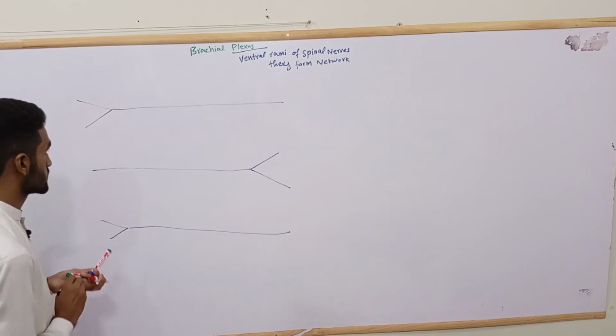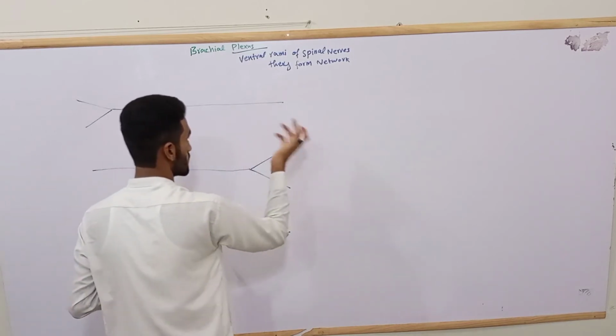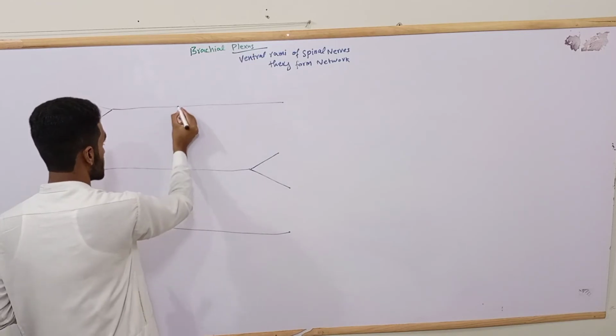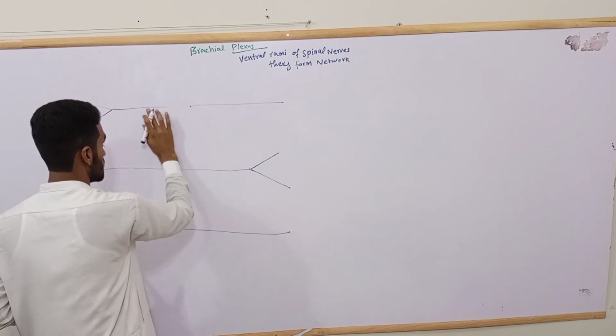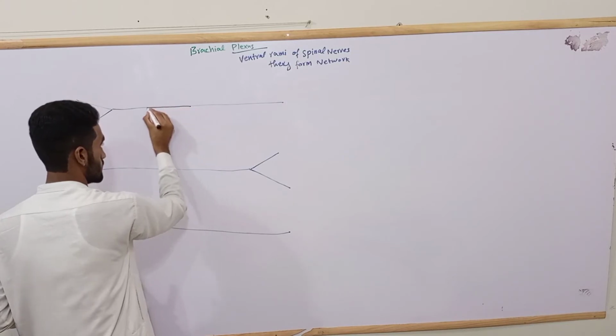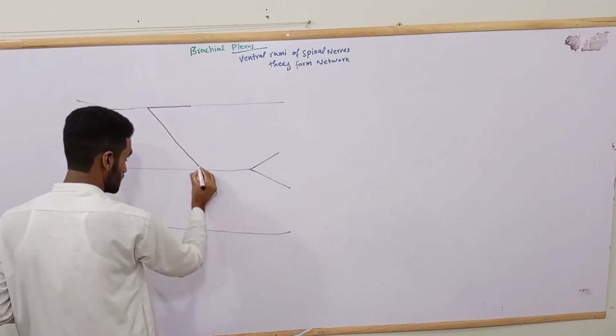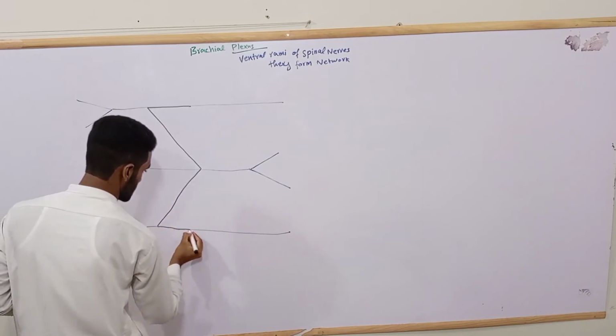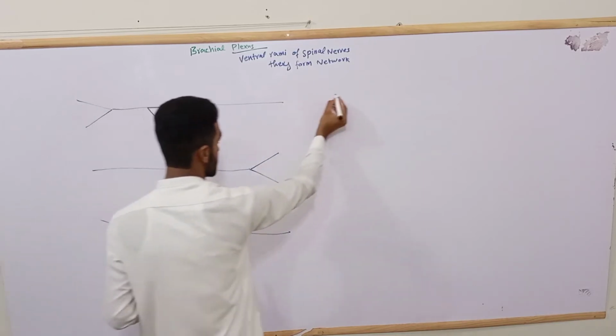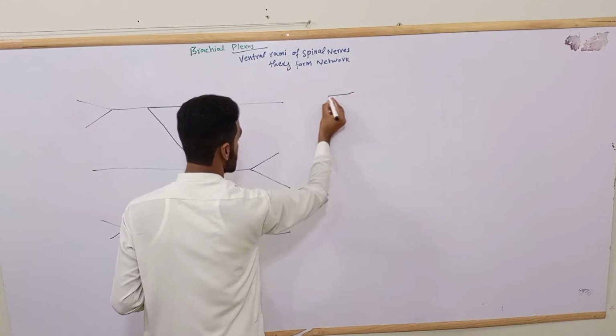Now add more here. So simply put 2 Ws, one right here, and 1 W right here.